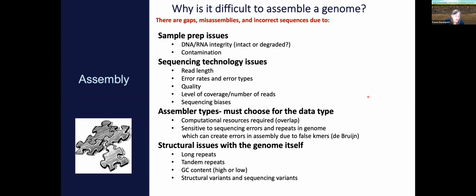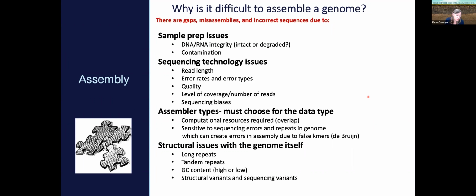And of course, there are sequencing biases. Illumina used to not sequence so well through high GC organisms. Again, there are different assembler types that we talked about just before, but you need to choose an assembler for the particular sequencing technology and the amount of data that you have.